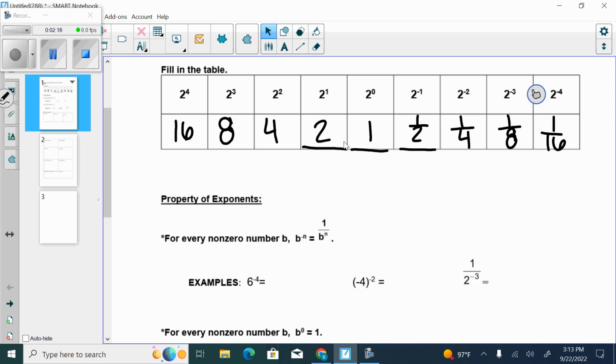What do you guys notice about this answer compared to this answer? Since they had the same exponent, just one of them was positive and one of them was negative. Do they look the same at all? One of them was flipped over into a fraction.